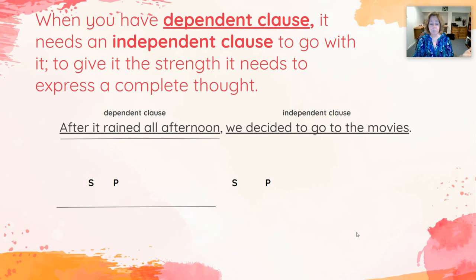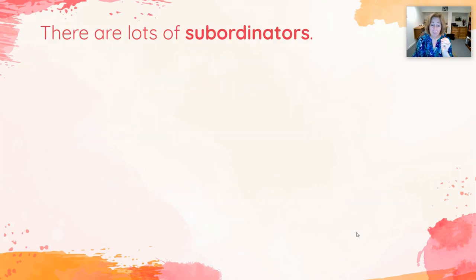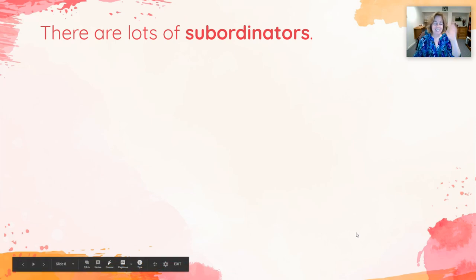I suddenly have a complete thought. After it rained all afternoon, we decided to go to the movies. Each clause has a subject and a predicate that I've marked here, but together they form something new.